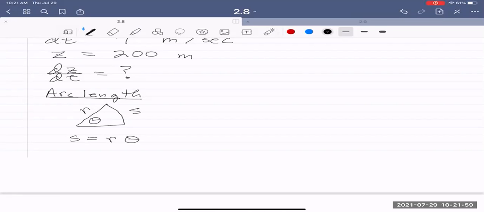So in our particular case, the radius is 100. So let's differentiate both sides of my equation with respect to t. So ds/dt is 100 d theta/dt.